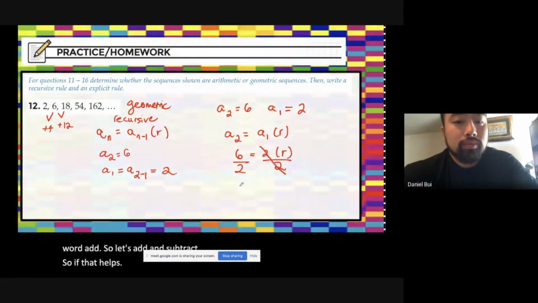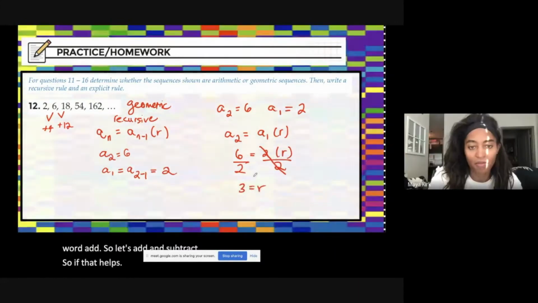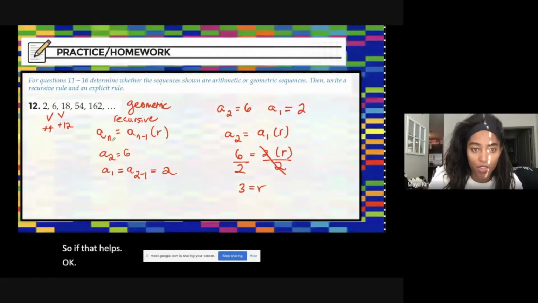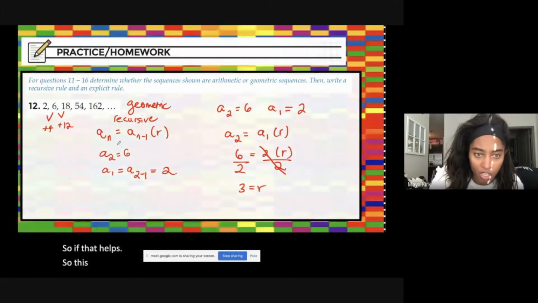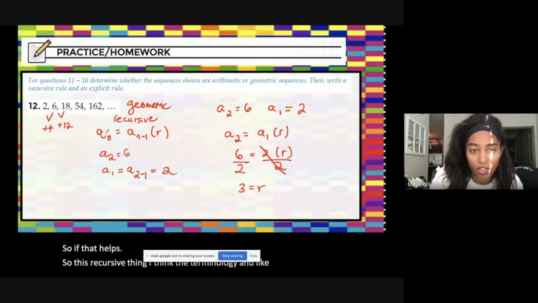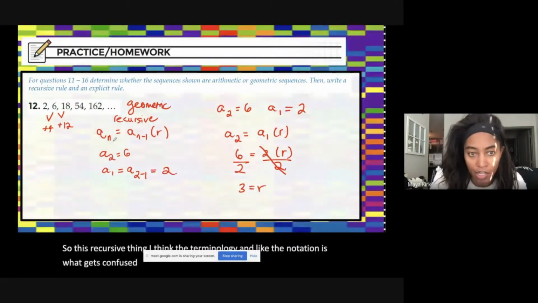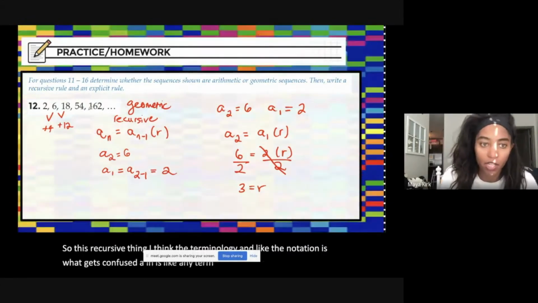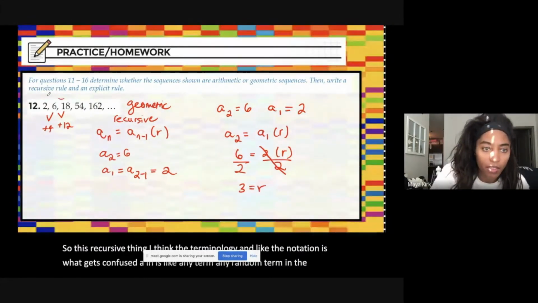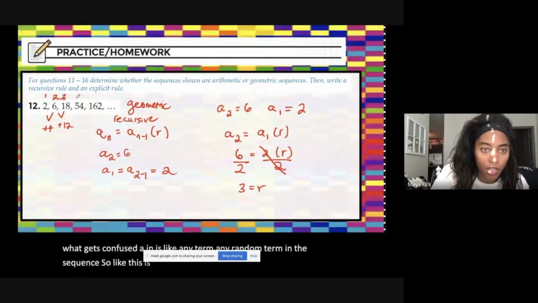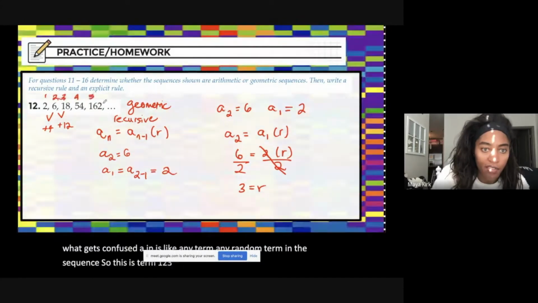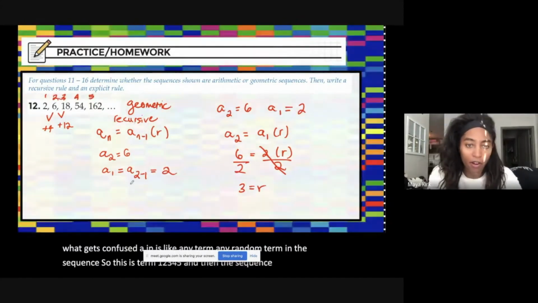Okay. So this recursive thing, I think the terminology and the notation is what gets confused. AN is any term, any random term in the sequence. So this is term 1, 2, 3, 4, 5, and then the sequence could go on and on forever.